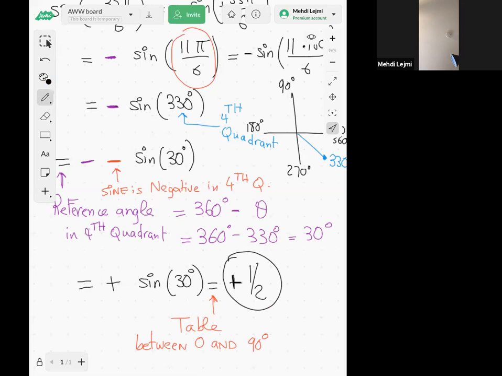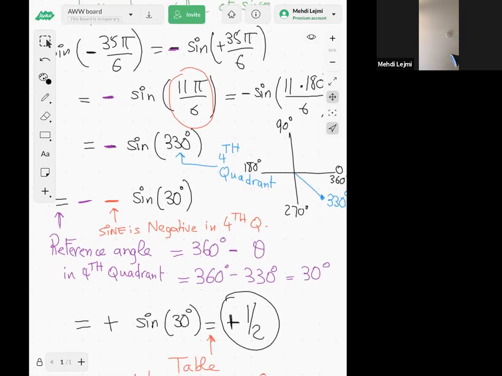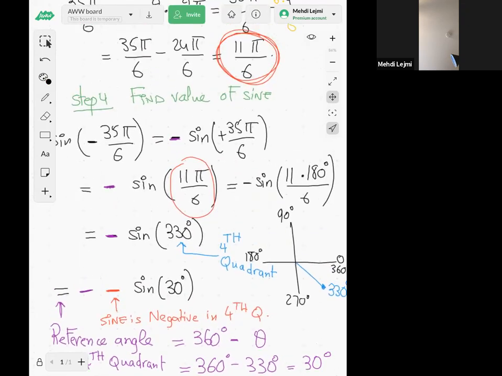So you see, guys, that's how we find the sine of a negative angle. Now, if you have a positive angle, it's just the same steps. The only difference is the first step.